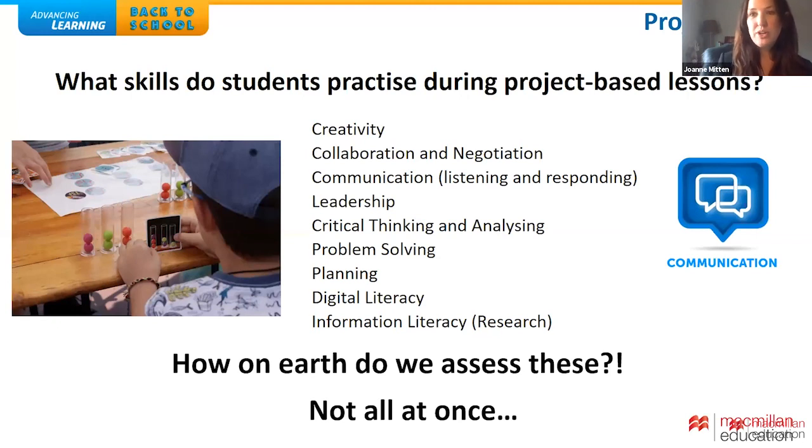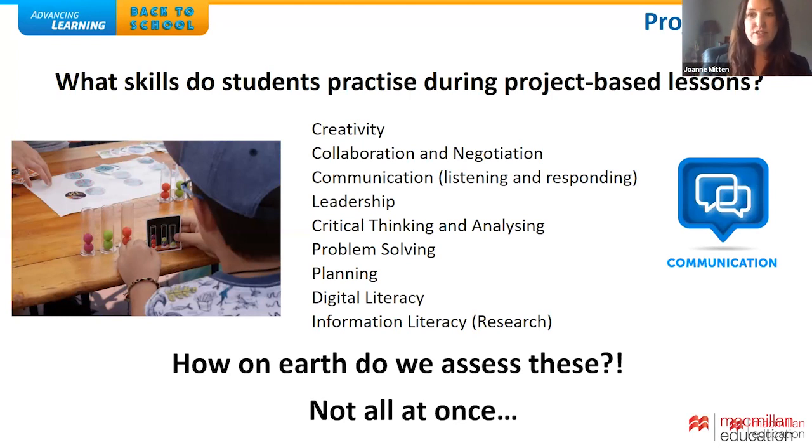What you could do is map out your academic year and split your projects up and focus on 3 or 4 skills within each project that you're going to assess each time. And maybe as the year goes on, the students start to integrate the skills that they practiced last time round into the next project. So you're building up, you're not assessing everything all in one go.